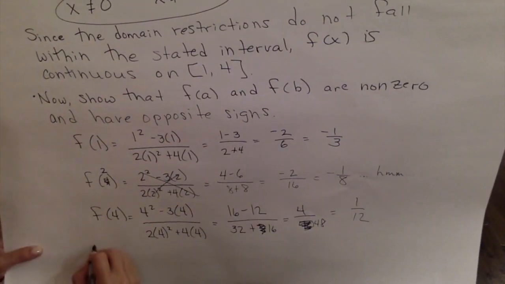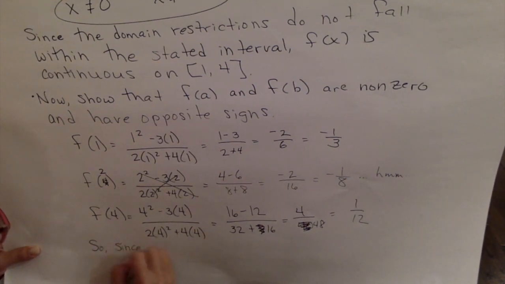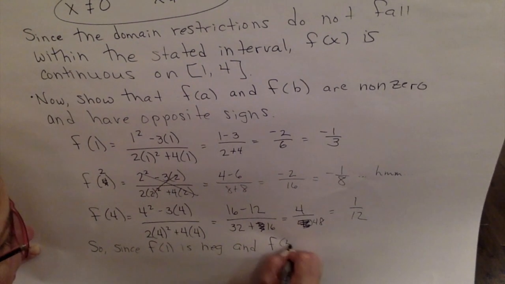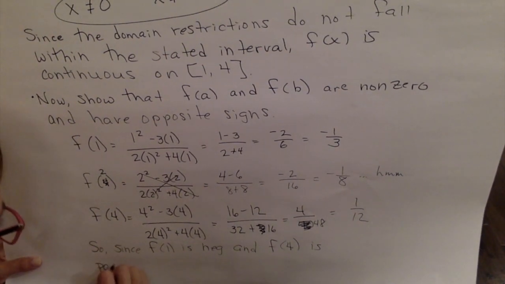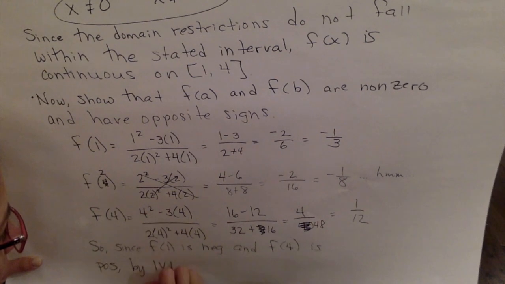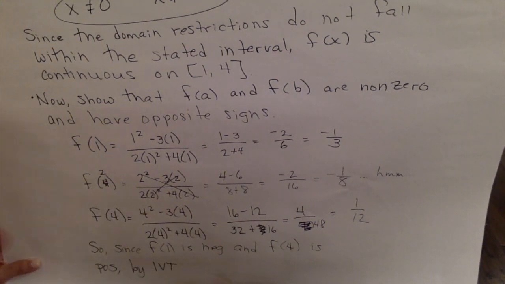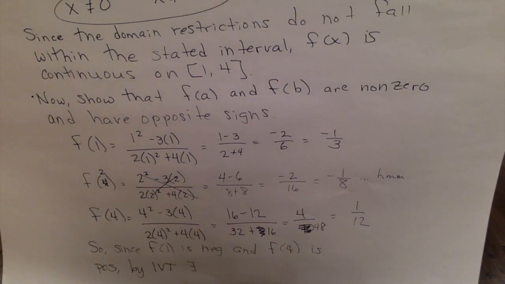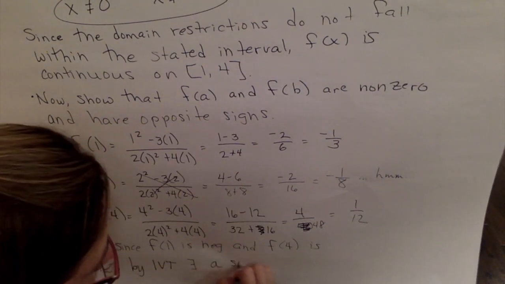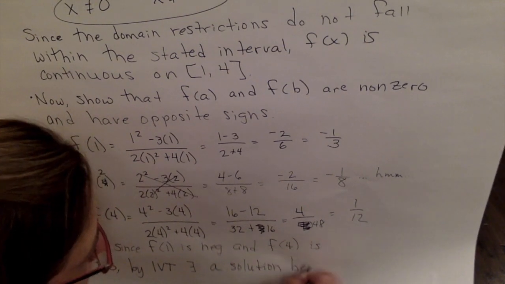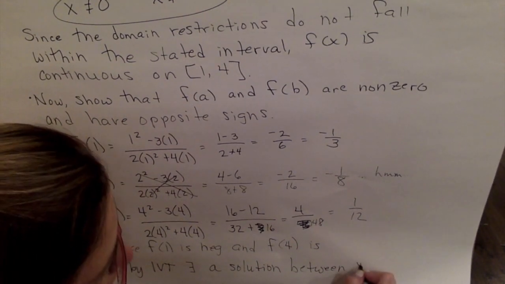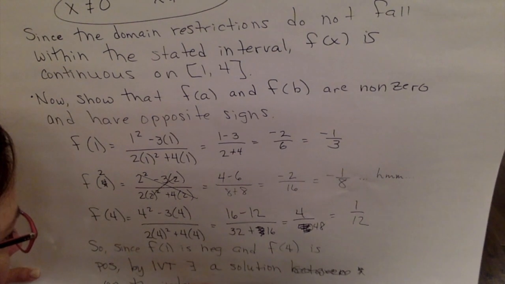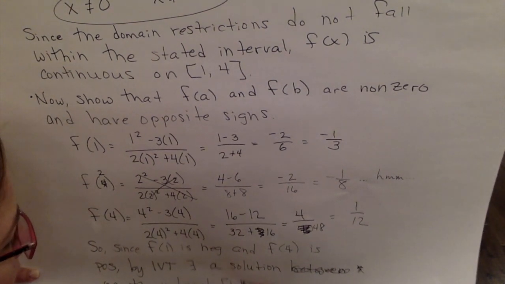So we might sum this up by saying, since f of 1 is negative and f of 4 is positive, we might say something like by IVT, there exists a solution on the interval 1 to 4.